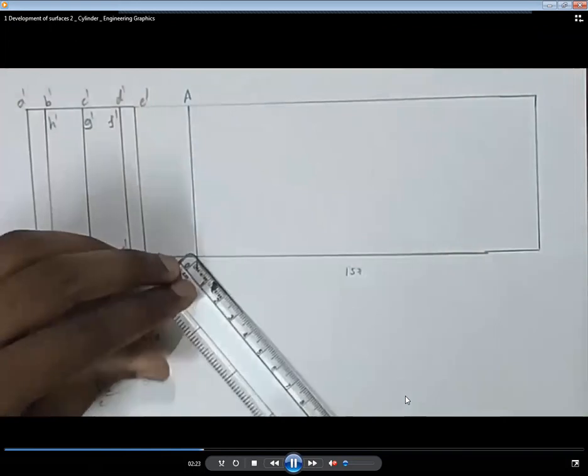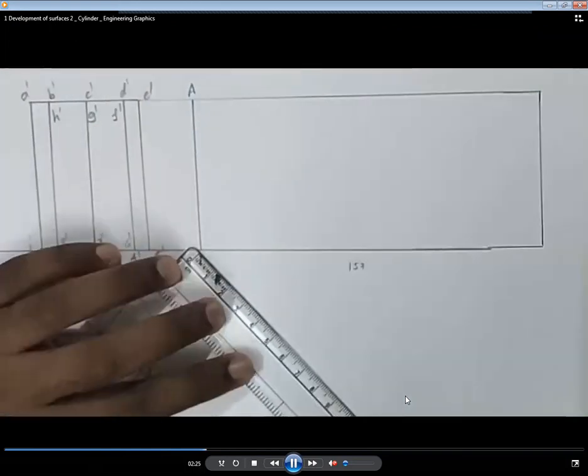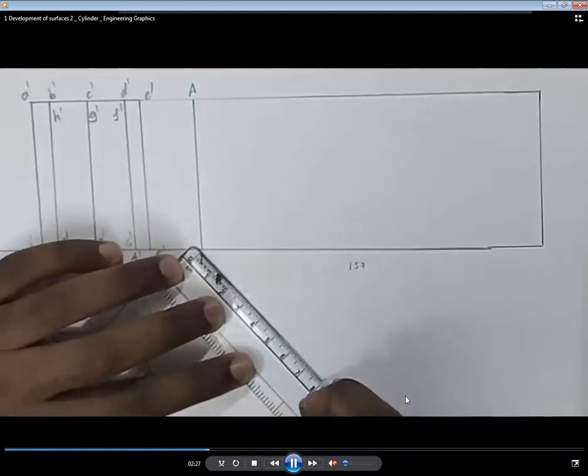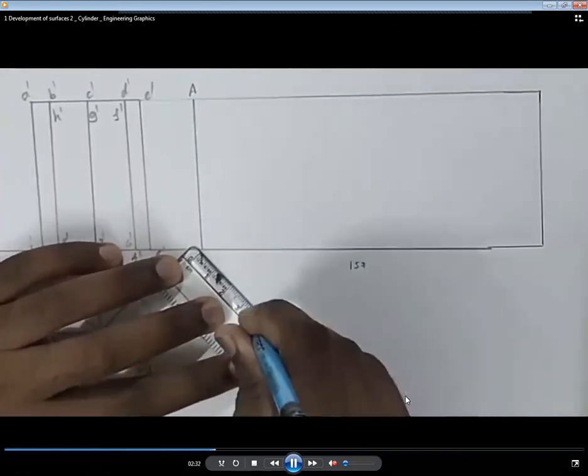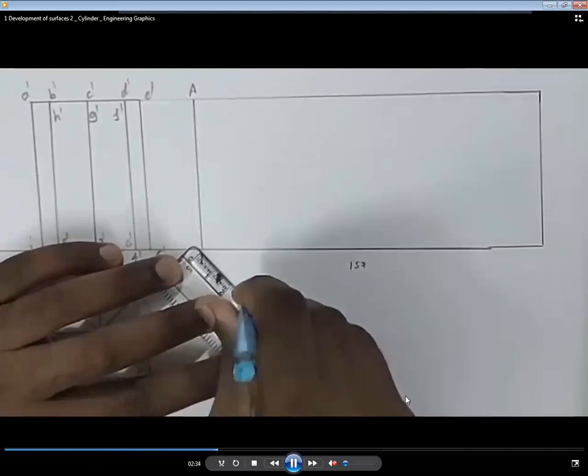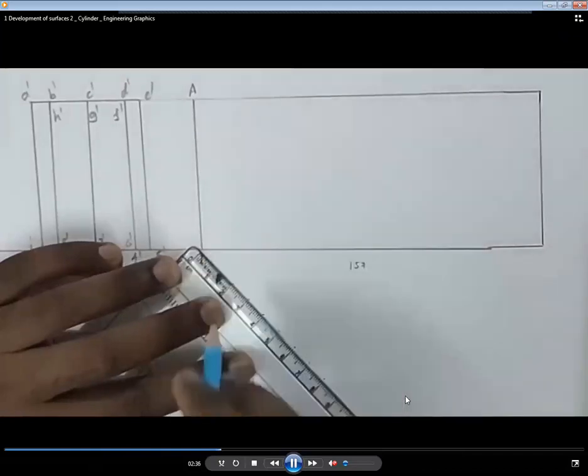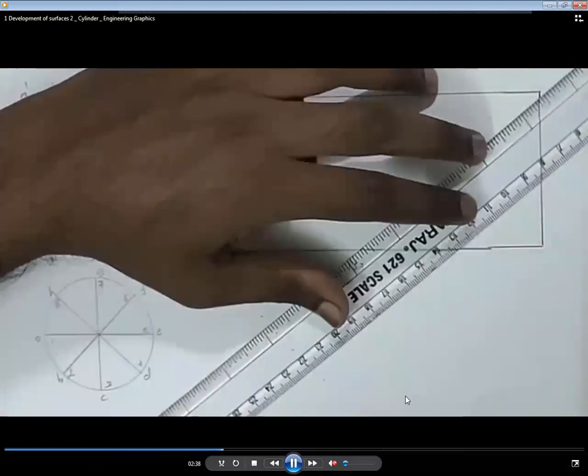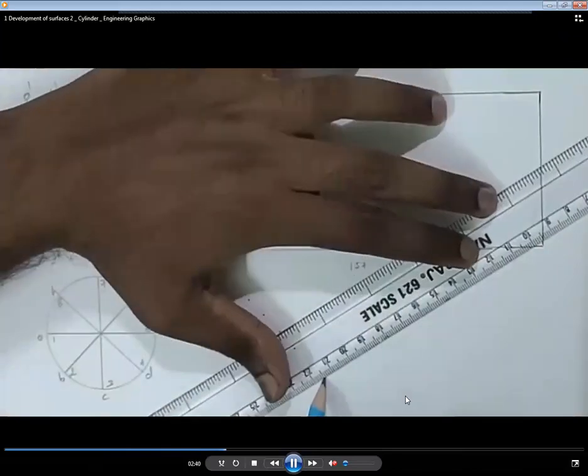One more method is there. You can take any distance at any angle and mark 8 points at any distance and just join at the end point.